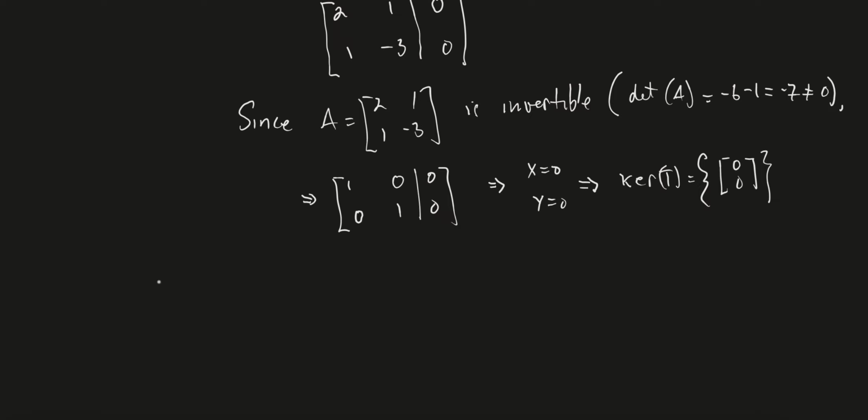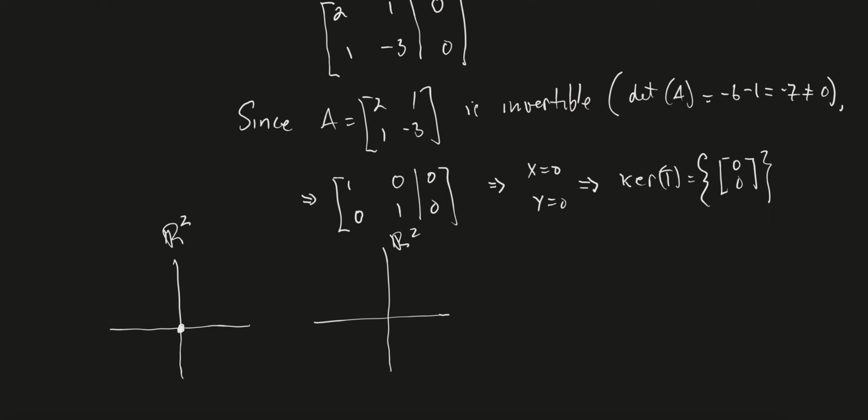So let's say here is R2. Now that my domain is a small dimension, I can plot this. And then here is the codomain. Here is the vector 0, 0.